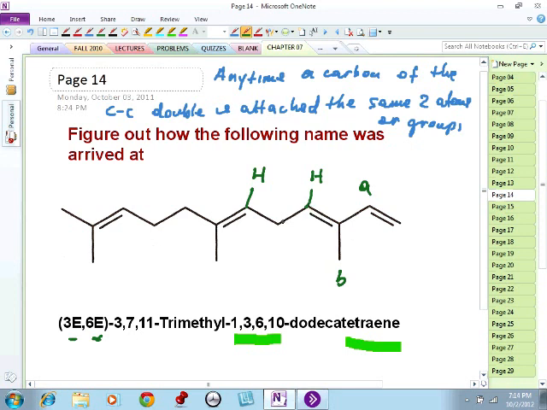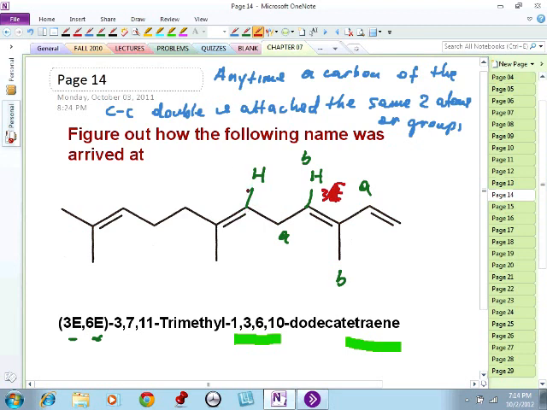A is this here, and this is B. So that's how we got E, 3E. Now we come to here.